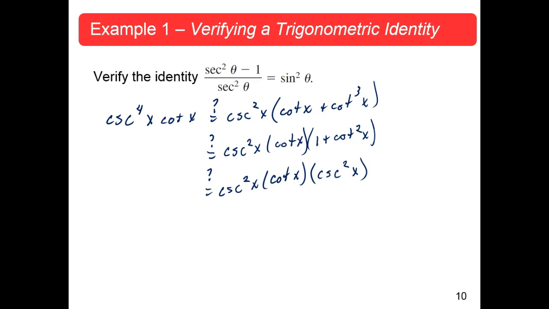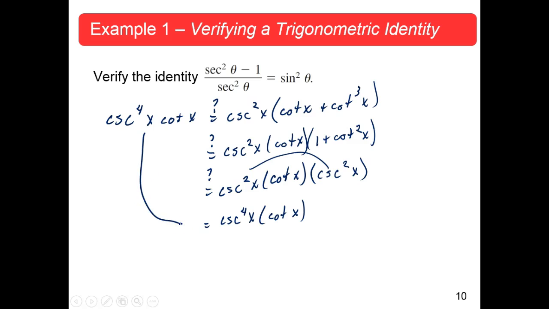And now what do we do? Multiply those two together, and what do you have? Cosecant to the fourth x times cotangent x. And guess what?